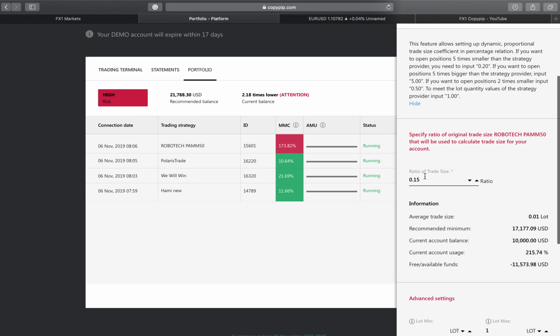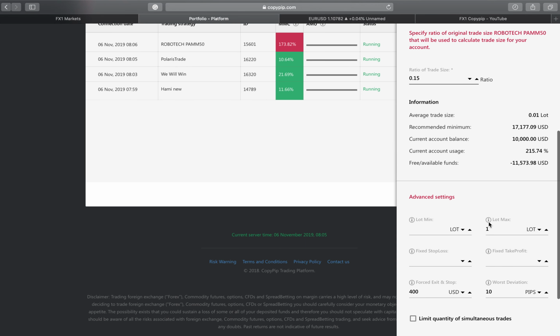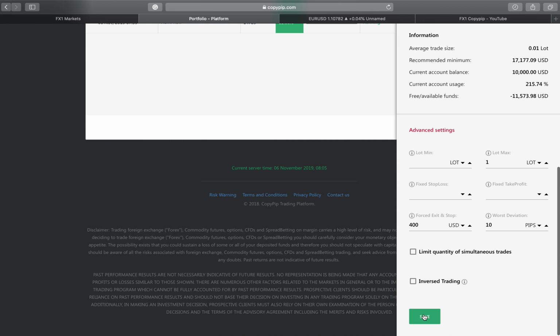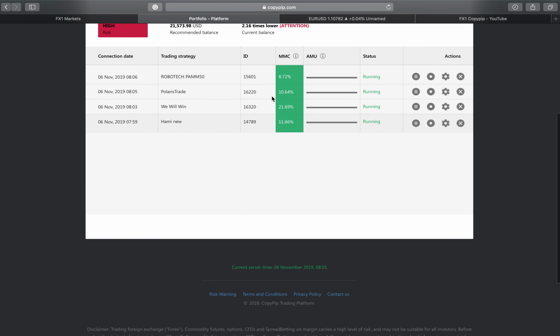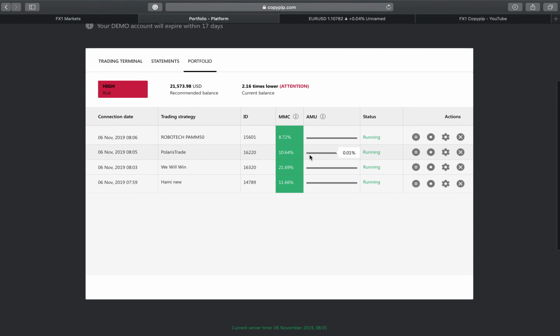So once I key that, I'm just following 15% of that $17,000, which is going to be maybe around 1,000 to 1,500. Actually more, it's going to be around 2,000. So I put my number and I save. Let's see what happens. As you can see here, it's just using 8% of your account.